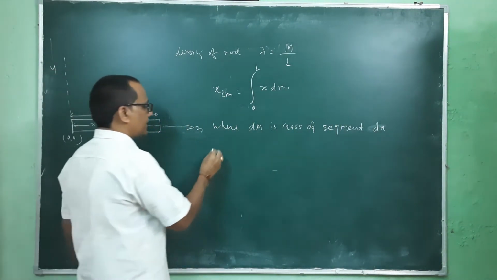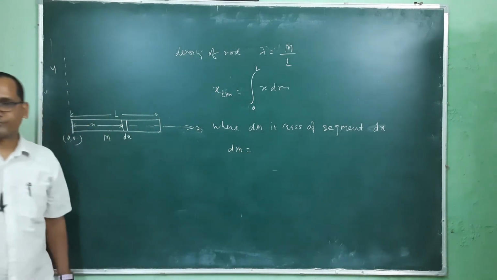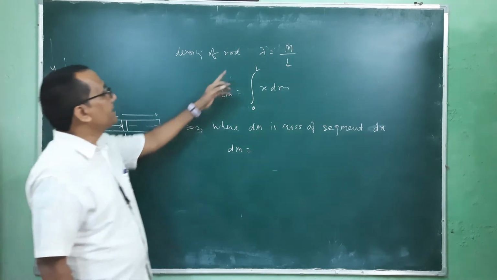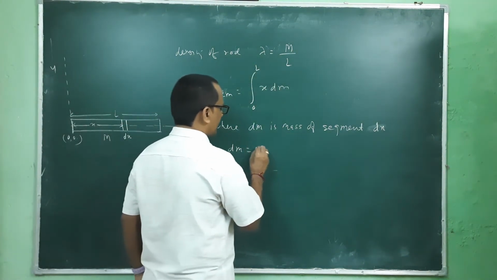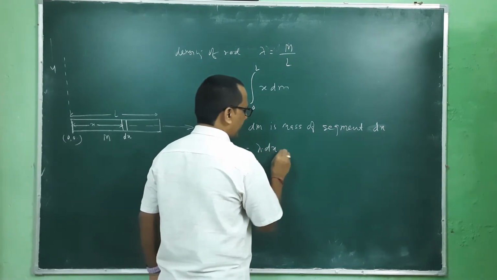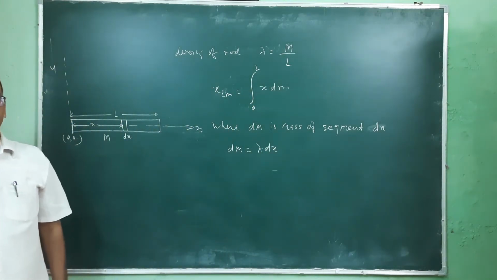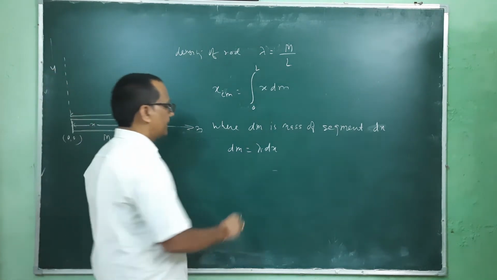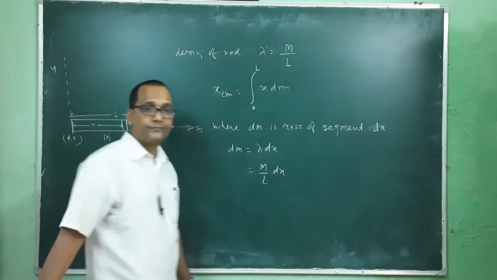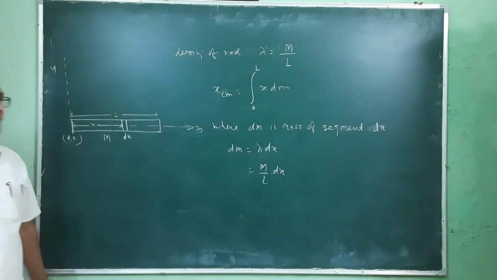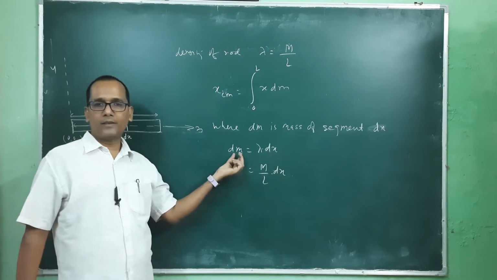So dm is equal to linear density, this lambda, multiplied by dx. So this is lambda multiplied by dx, and this lambda is m by L multiplied by dx. So when we have this density and that segment, then we can calculate this dm.